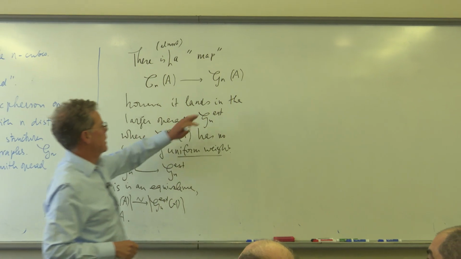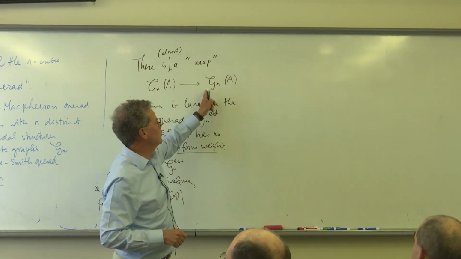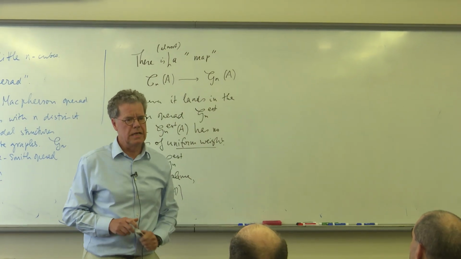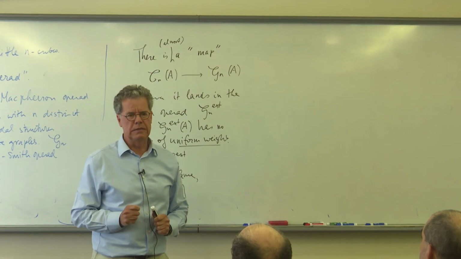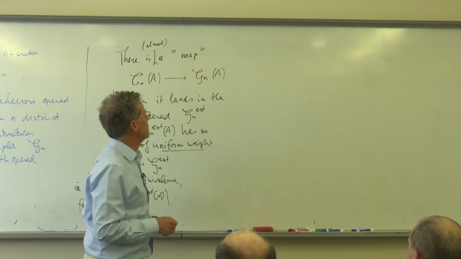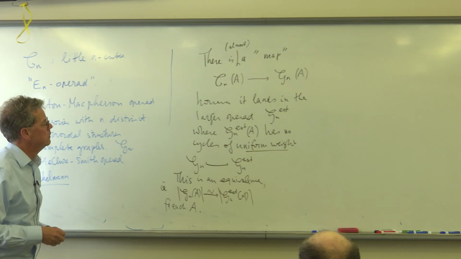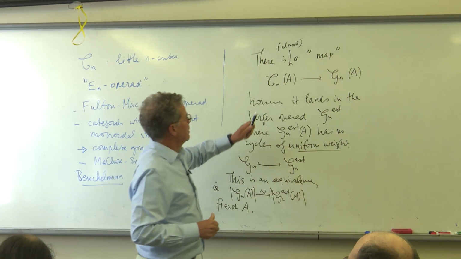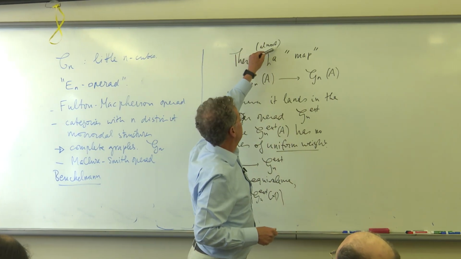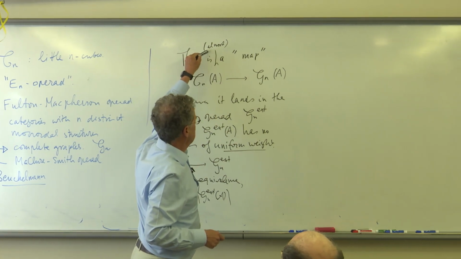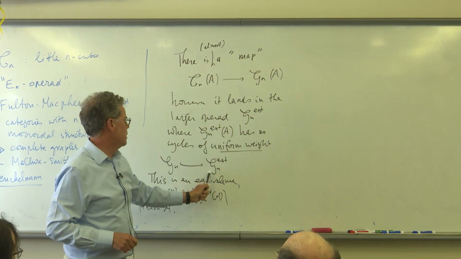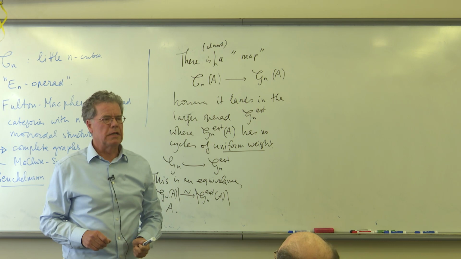So now, I'm on my way to try to prove that Gn is an En operad, that it's equivalent to Cn. So how do we go about it? I've explained it almost. You have to go to the larger Gnx next. But there is another thing.